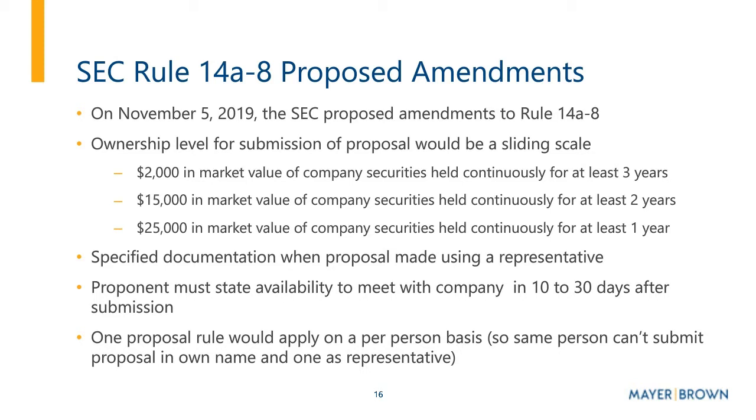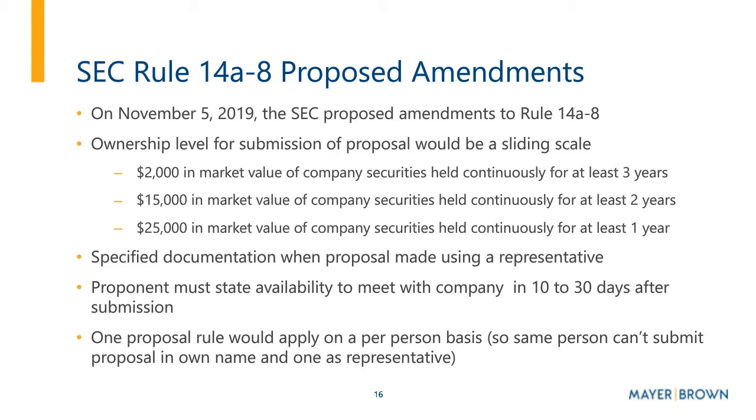And to get the 1-year holding requirement, the investor would have to have $25,000 worth of securities. And the proposal would not allow shareholders to aggregate their securities with other shareholders to meet this threshold.